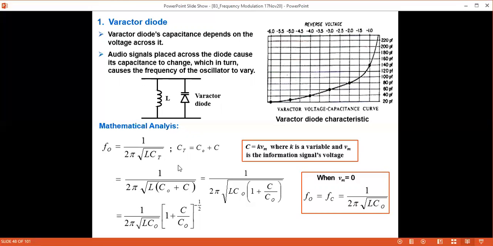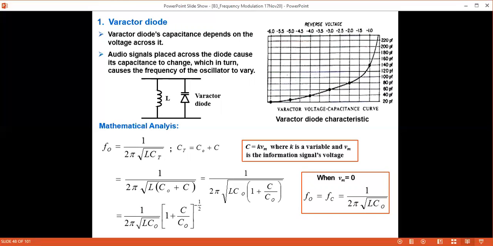So if we substitute Ct equal to C naught plus C inside this FO equation, we get 1 over 2 pi square root L times C naught plus C. Then we factor out the C naught, and it becomes 1 over 2 pi square root L C naught times 1 plus C over C naught, to the power of minus half, because we brought the square root up.